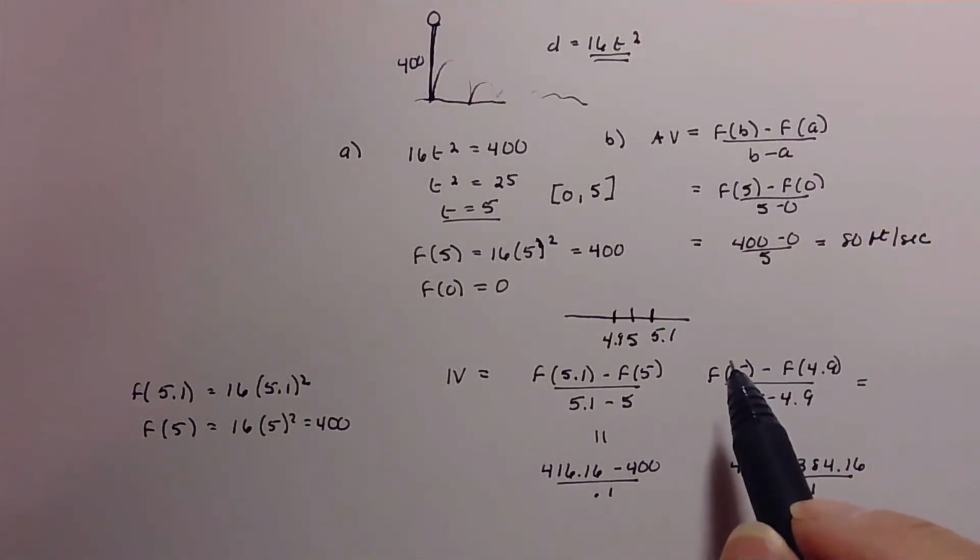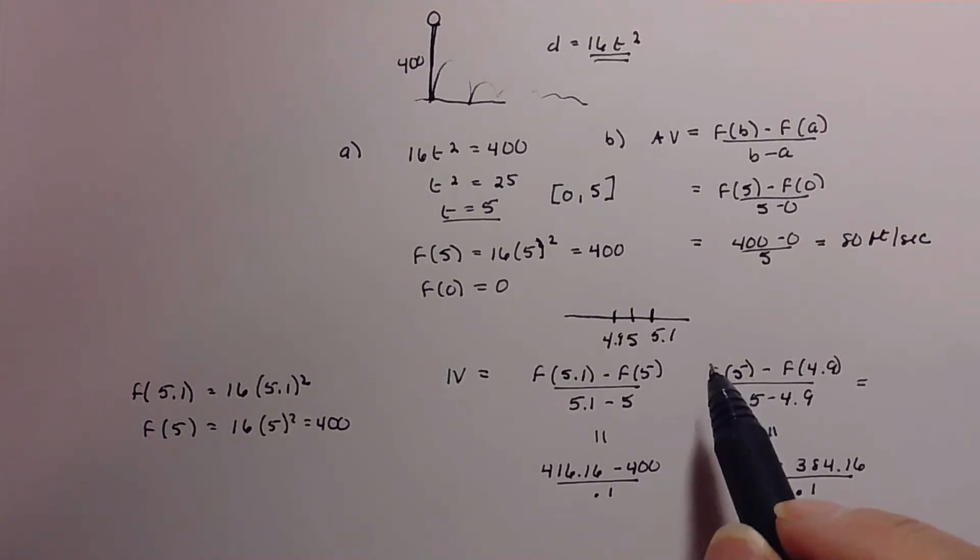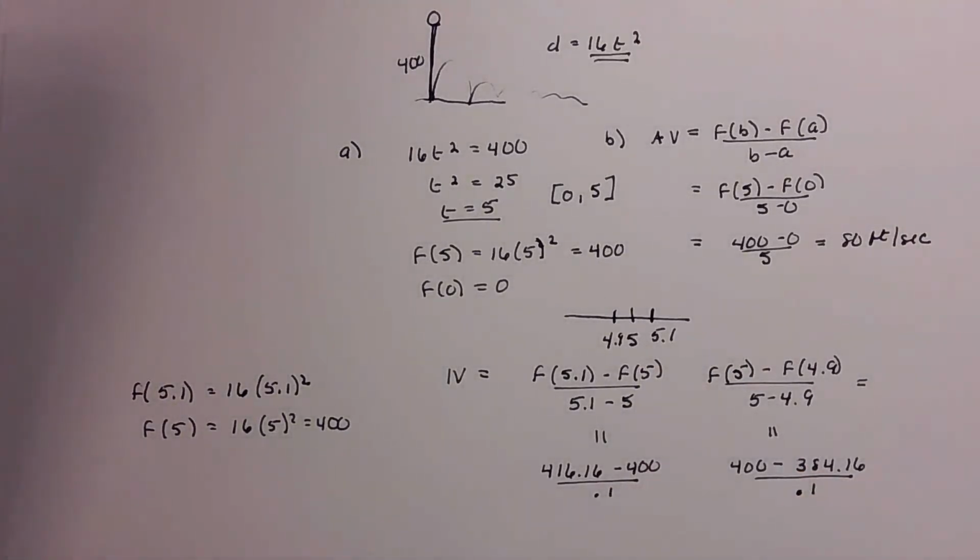Is this right? Let me just double check something. 16 times 5.1 quantity squared is 416.16. 16 times 25 is definitely 400. And 16 times 4.9 squared, I just want to make sure my numbers are right, is 384.16. Yeah, okay.